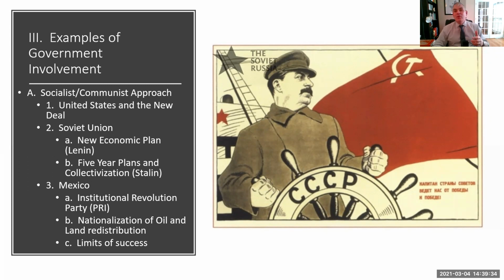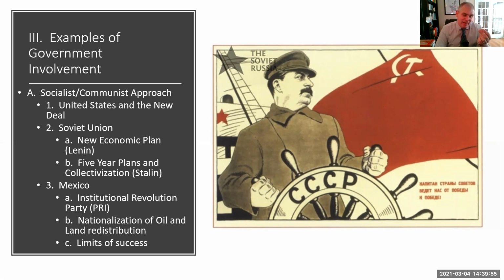And there would also be programs of land redistribution. So there would be reforms where land would be redistributed, as well as the development of public education, all resting on the funds brought in through these government national industries such as oil.